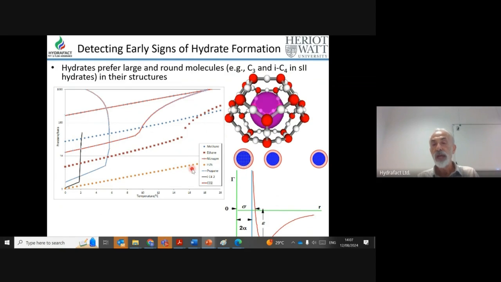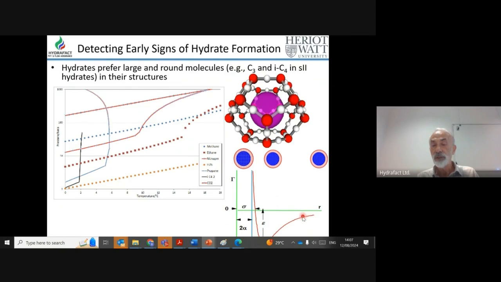In fact, the attraction between two molecules depends on the distance between the two molecules. If they are far away from each other, they don't have a lot of attraction and repulsion.